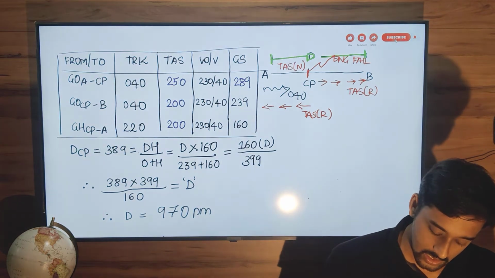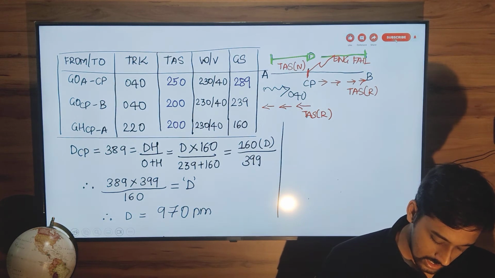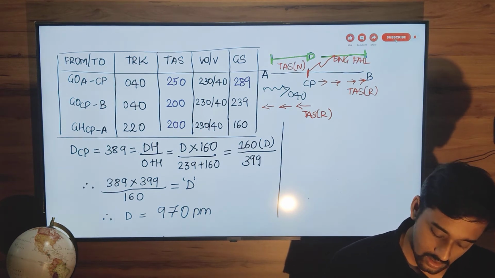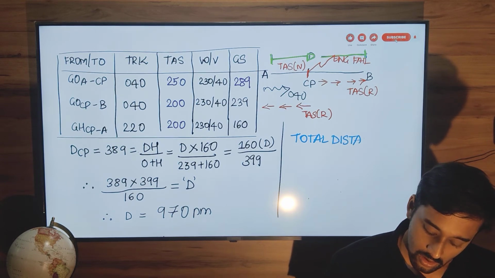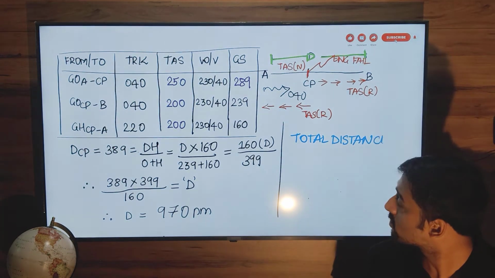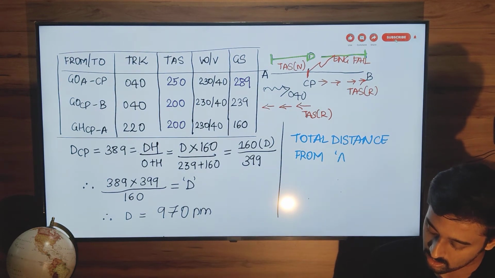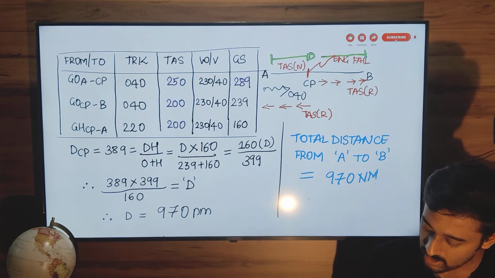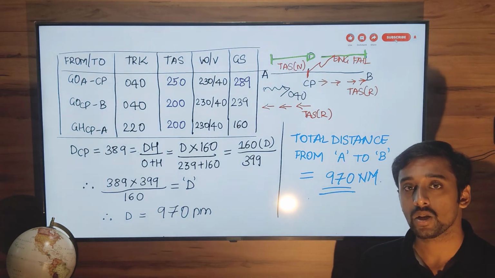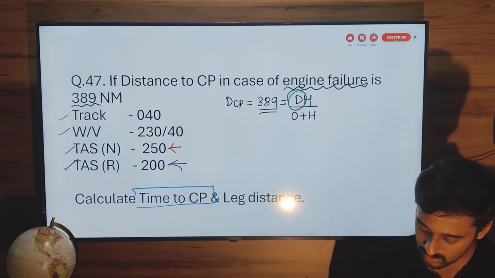So the total distance from A to B equals 970 nautical miles. Next thing they have asked us to find is the time to CP.